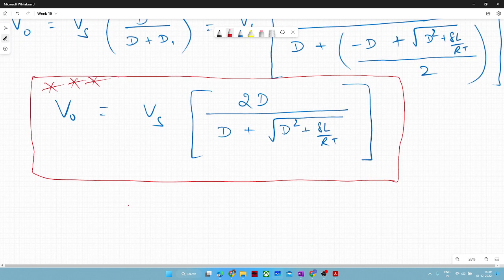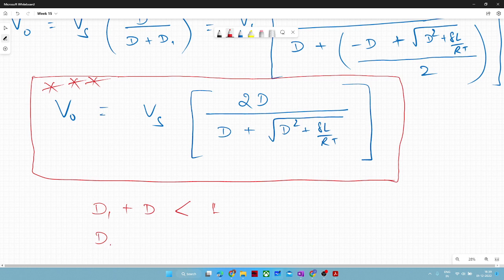Now, the condition for getting just continuous, or for checking whether any circuit is in continuous or discontinuous mode, is that D1 plus D must be less than 1.